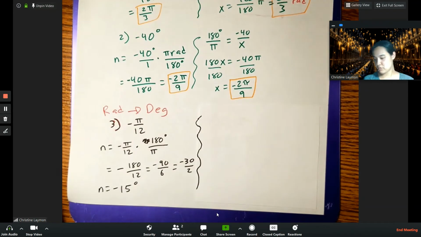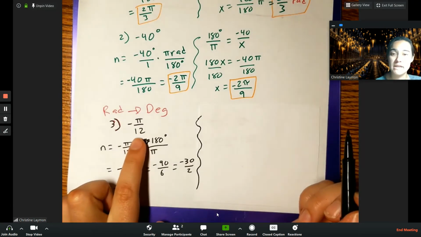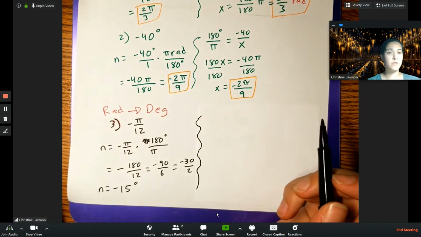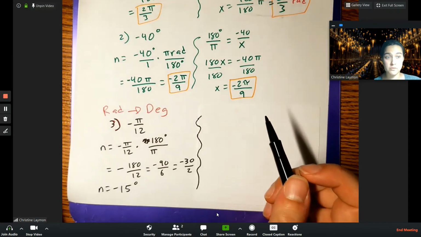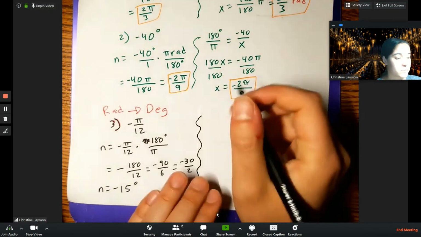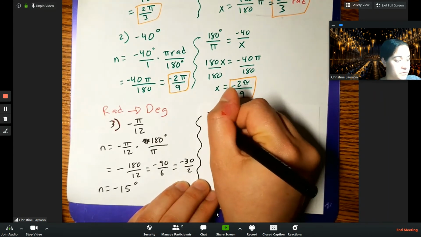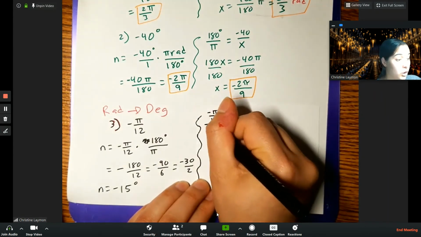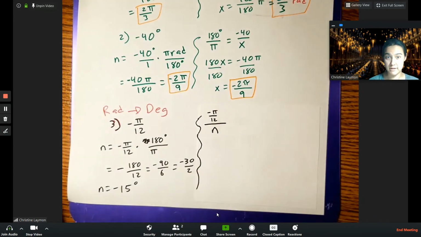Okay, so for this next one, let's go ahead and label this part here. So for this next version of it, I'm going to take that negative pi over 12, but do it using the ratio method. Now, it might get a little bit confusing, so I'm going to have some notes on the side also. What I'm starting with is negative pi over 12 over some unknown amount, n, in degrees.